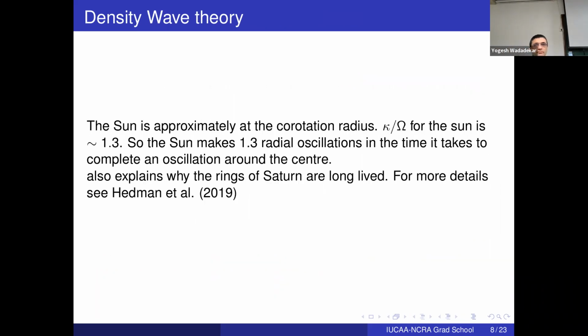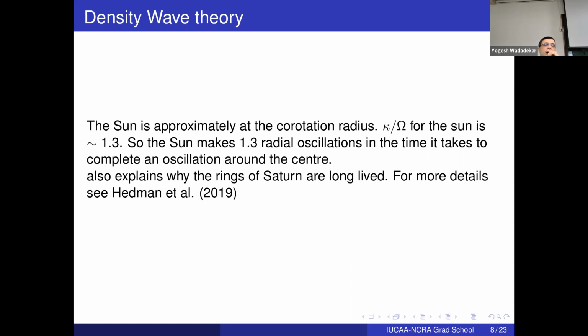Okay. So it turns out that the sun is approximately at the co-rotation radius. Okay. K over sigma for the sun is 1.3. And so the sun makes 1.3 radial oscillations in the time it takes to complete a revolution around the center.